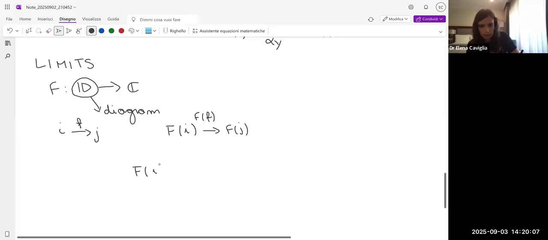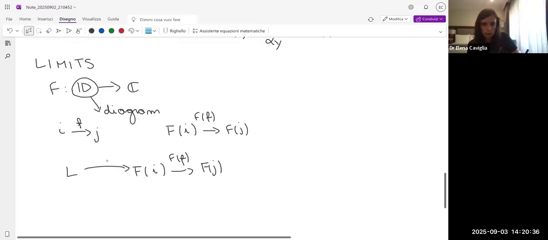Let me rewrite this specific one a little bit below because I'm going to use it now. So imagine we have a whole lot of these things. And now we want to find an object L on the left. And this object must have connections to all these F of i's.